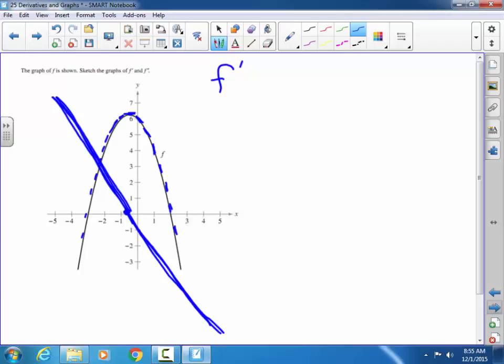What's another reason we think our slope should look like that? Exactly. The function itself looks like it's x squared. So if the function is x squared, we would expect the derivative to be 2x. Or if the function is 6x squared, we'd expect it to be 12x. But nonetheless, we'd expect the derivative to be a line. So that's what we've got there.